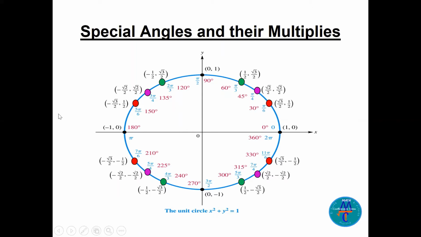The same values, but only the x is negative, y positive. Then 7 pi over 6, which is 210. The x here is negative and the y negative, but the same values, only the signs are different. Also, if you go to quadrant 4, you will find the angle 330. Here x is positive and y is negative. You can do the same for the other angles. You can just review this, you can remember it, you can draw it.